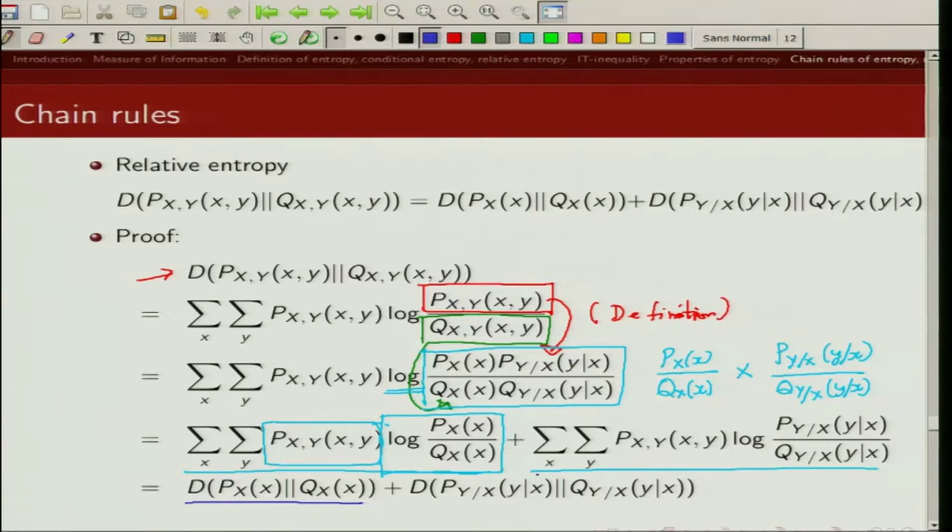And similarly, this particular term can be written as the divergence between the conditional distributions p of y given x and q of y given x. So this is the chain rule for the divergence function.